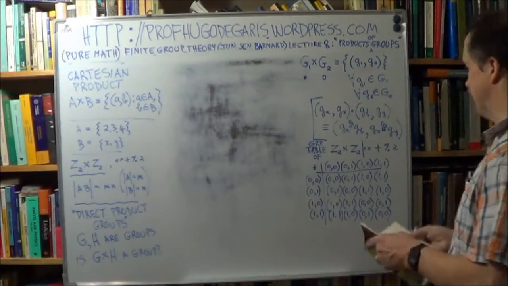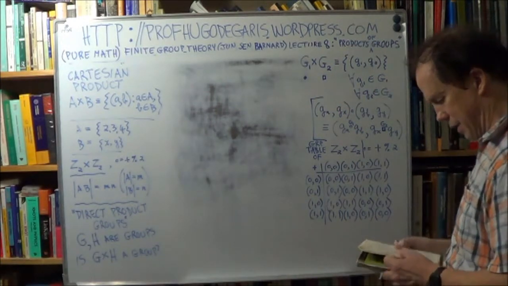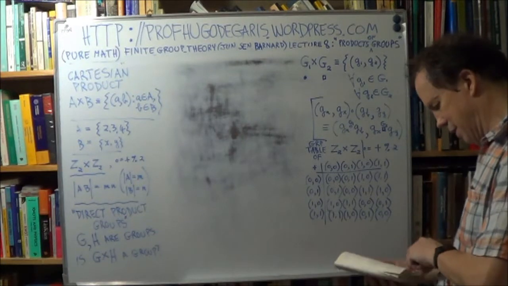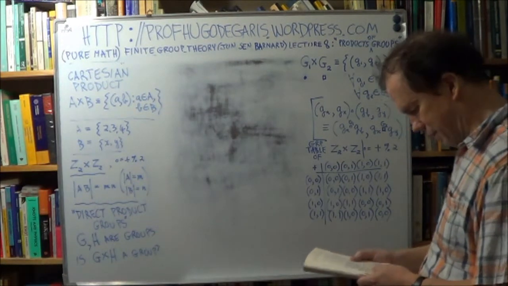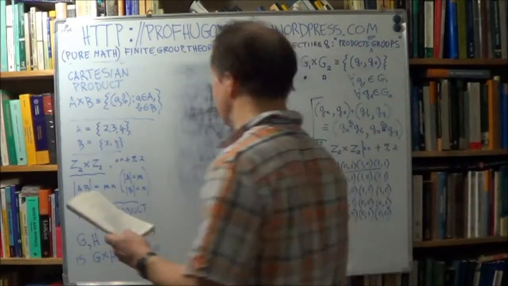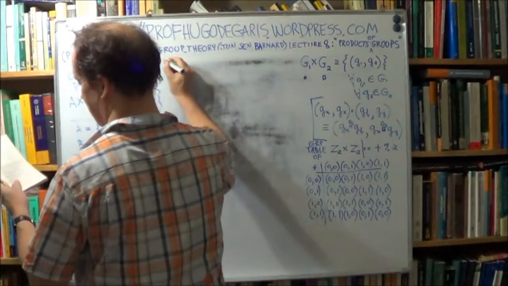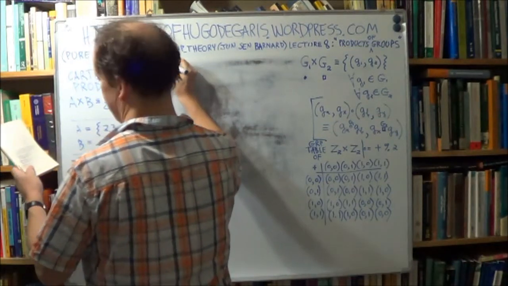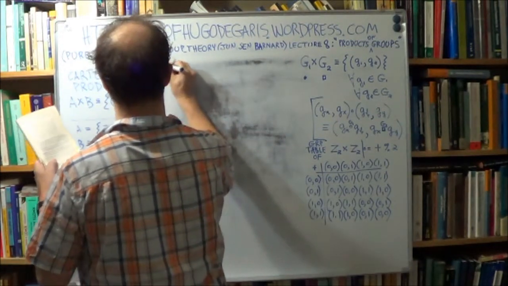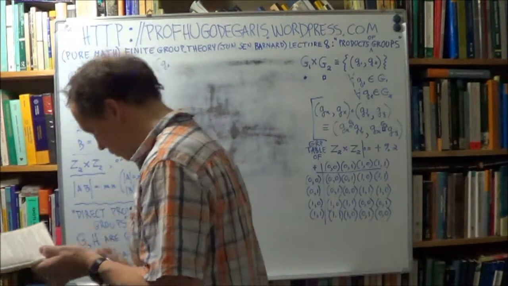Right? Now associativity, it's a bit tougher. So I'll use the book here, it's a bit tedious, and I'll write it all out. So we're trying to prove something like this.